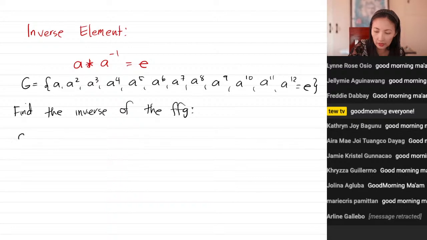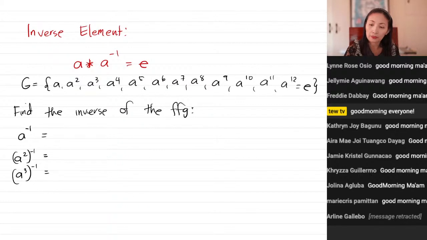a inverse, what is it equal to? a squared inverse, what is it equal to? a cubed inverse, what is it equal to? Now, go back to the definition. When we multiply a by its inverse, the answer should be the identity element e.